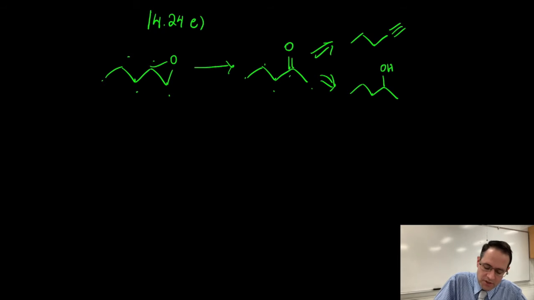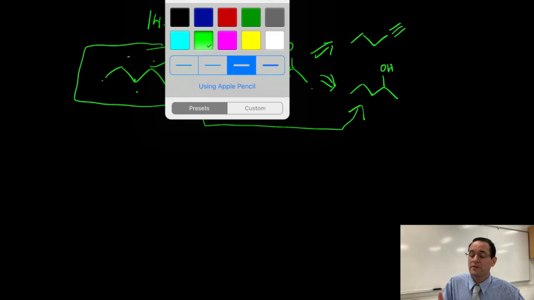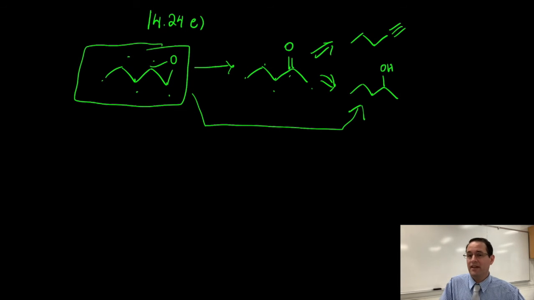Remember from chapter 13? And bingo, you should be able to remember that on your flashcard, you have a reaction that can take you from an epoxide to an alcohol with reduction. And there's a one-step reaction to go from an alcohol to a ketone.